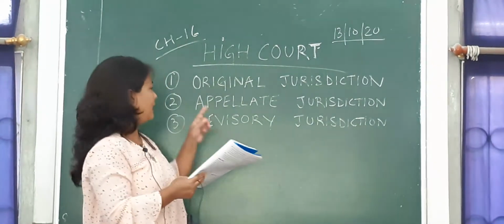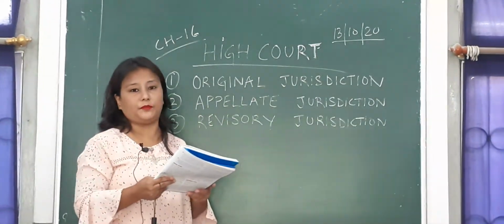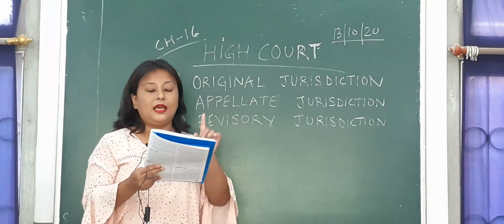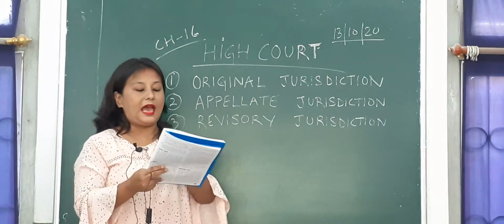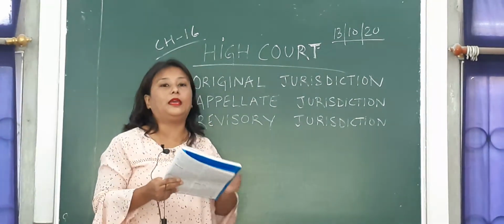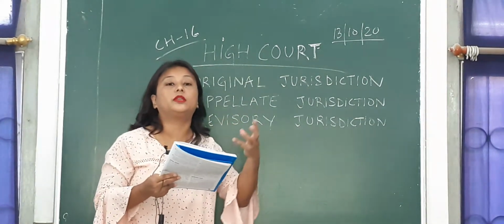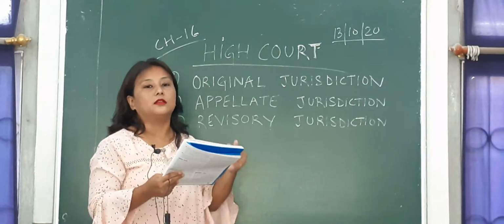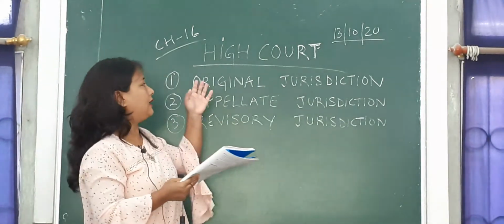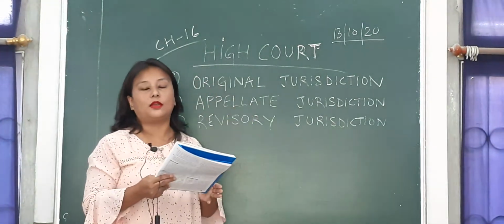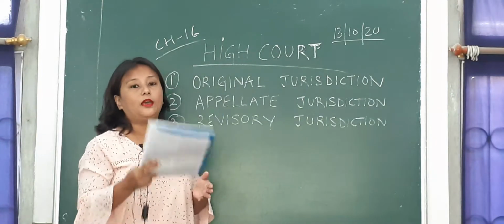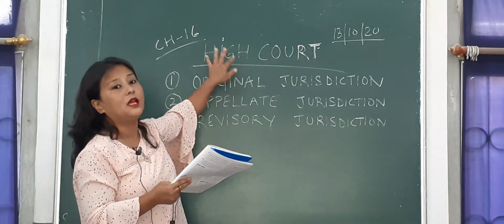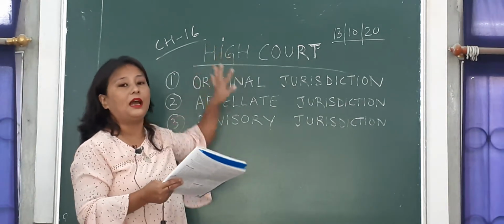The next one is your appellate jurisdiction. Here you need to remember that the High Court has the power to hear appeals against those cases which are decided by the subordinate courts. Like in India, the Supreme Court was known as the highest court of appeal, where the Supreme Court accepted the appeals made by the High Courts.